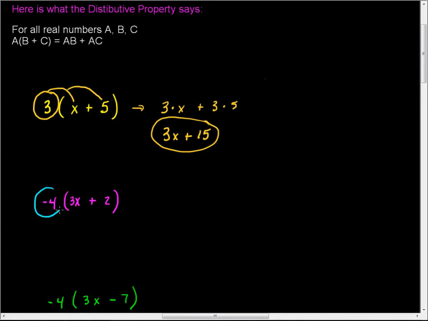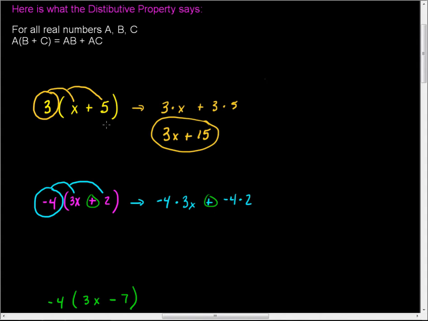On the second, again, I'm simply going to gather up my sign and the number in front, and I'm going to distribute that multiplication over addition. And so I take my negative 4, that's going to give me negative 4 times 3x plus negative 4 times 2. You'll notice that I'm keeping the plus. This plus is always staying in my problems.